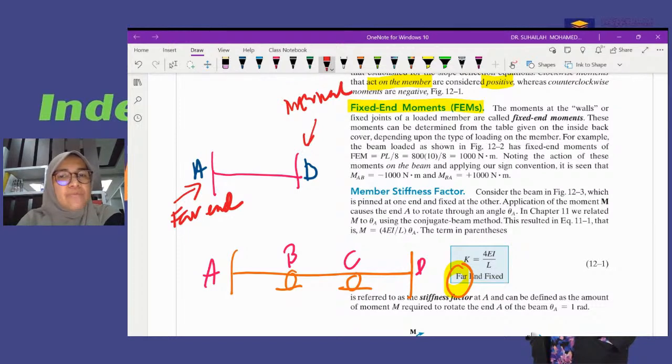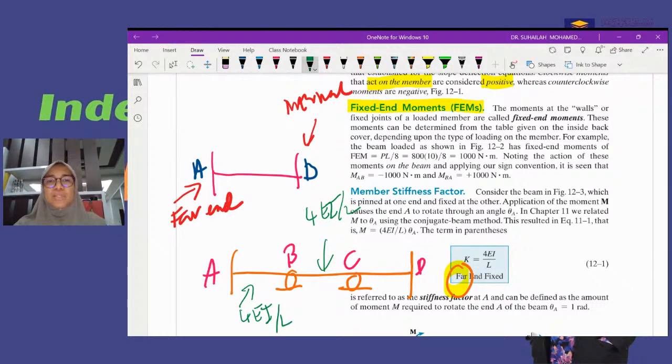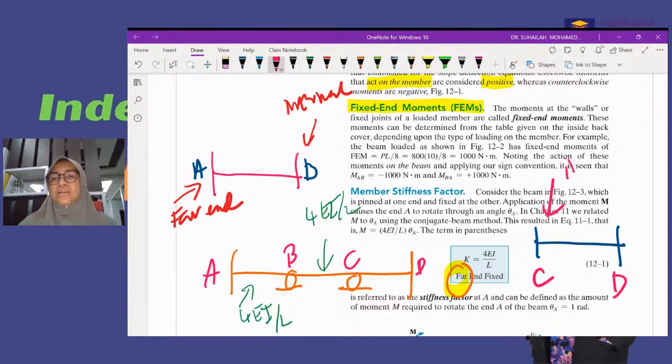And for BC, because both B and C are internal, we will straight away use 4EI over L. So AB also uses 4EI over L. And what about CD? For CD we have C and D. This one, C, is internal.